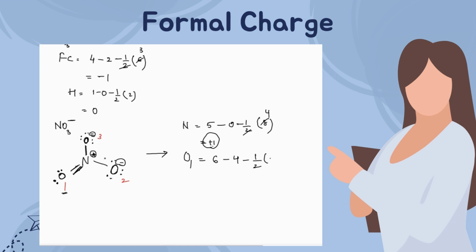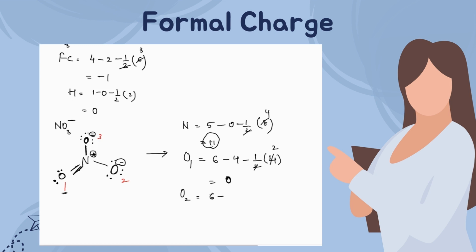There's only a double bond attached to it, so 2 bonds equal to 4 electrons. So 6 minus 4, and this is half of 4, which is 2. So 6 minus 6 is 0. So the first oxygen has no charge on it. Its charge is 0.